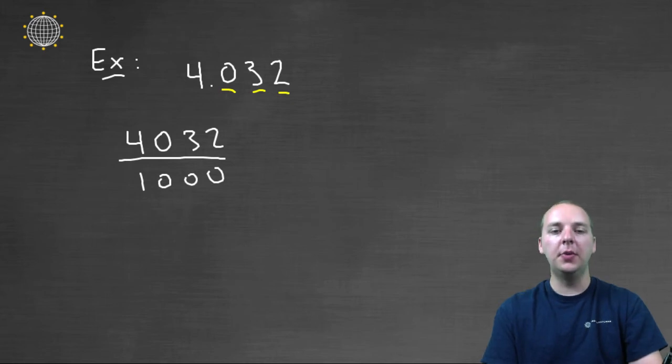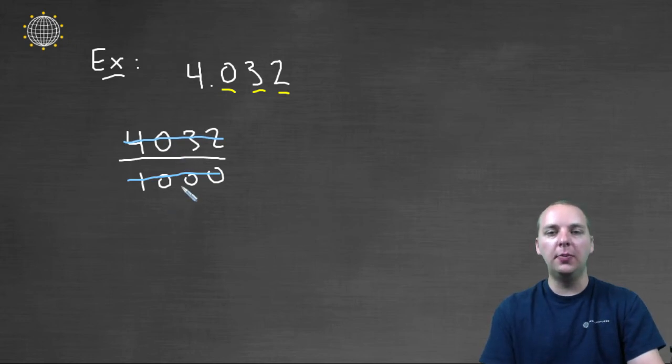I do see that they're both even, so we could start with that and divide by 2 and divide by 2. I'll go ahead and jump straight to the punchline. I think both of these are divisible by 8. I think 8's the largest thing that'll go into both. The denominator, 1,000, is 8 times 125, and the numerator is 8 times 504.